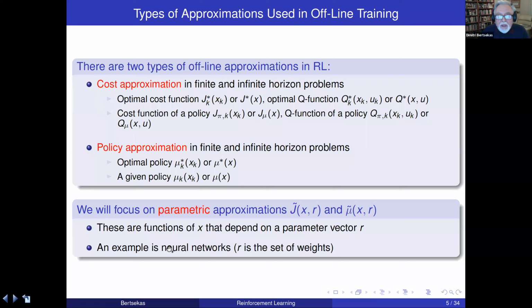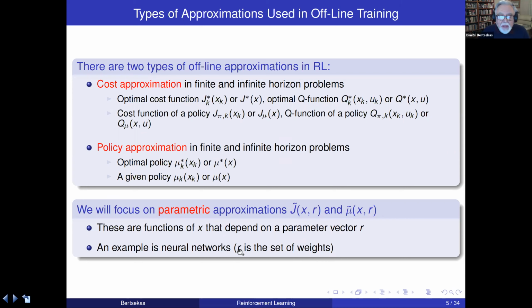Now, we're going to give several examples, but one example is neural networks. And in this case, r is the set of weights of the neural network. We're going to discuss neural networks and weights shortly, but basically this r is a big, big vector that involves various parameters of the neural network that encode the various layers of the network.